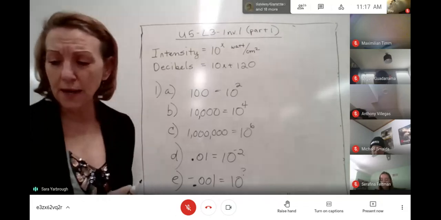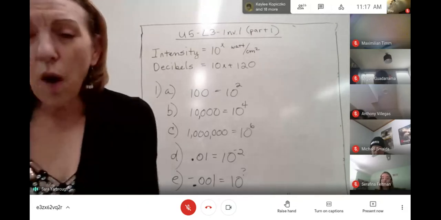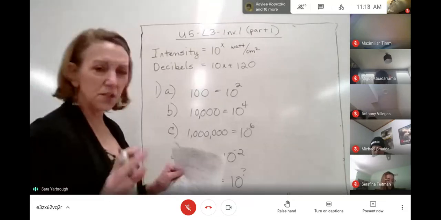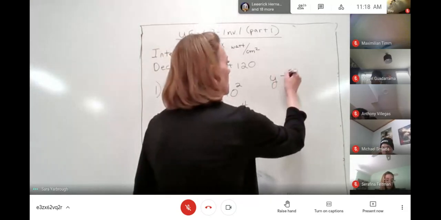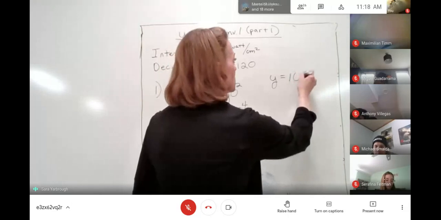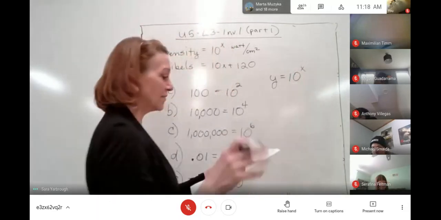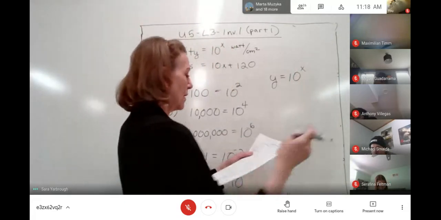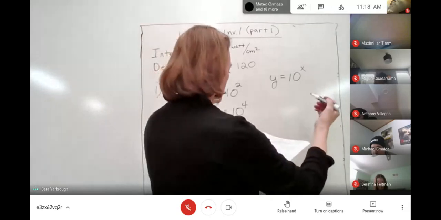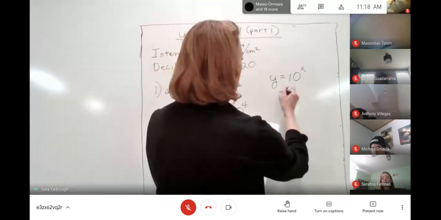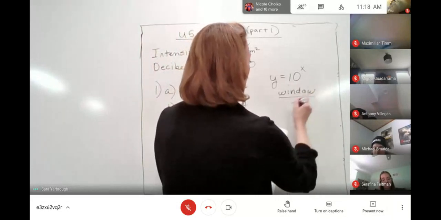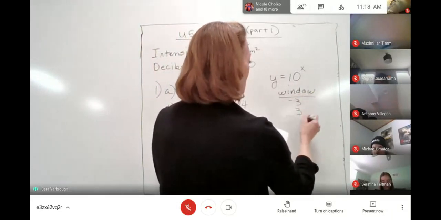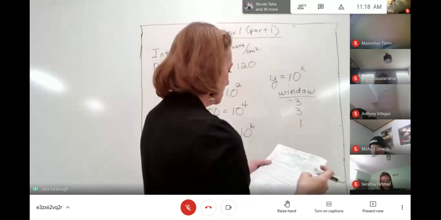Okay, I have a different idea. Go to y equals. Let's look at a graph, okay? Go to your y equals and enter 10 to the x. Now, I've got to give you a window. Let our window be from -3 to +3 and go up by ones.